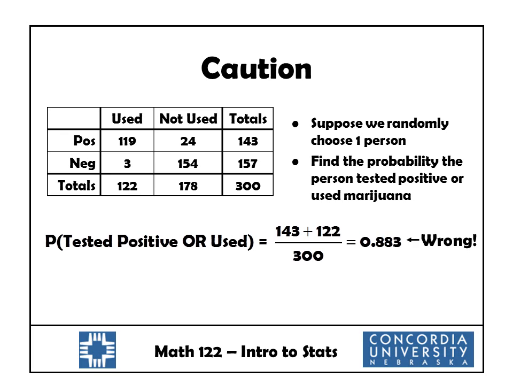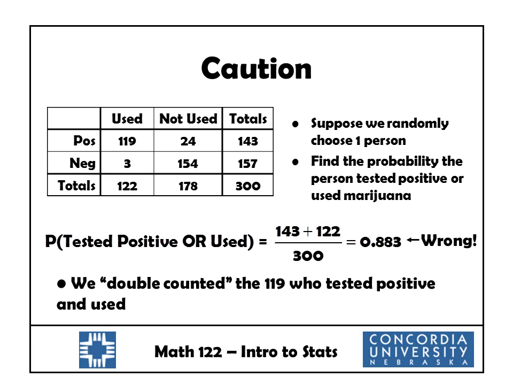So let's add those numbers, 143 plus 122, and then divide that by 300, and we get 0.883. Notice that's quite a bit higher than what we got doing the calculation the correct way.